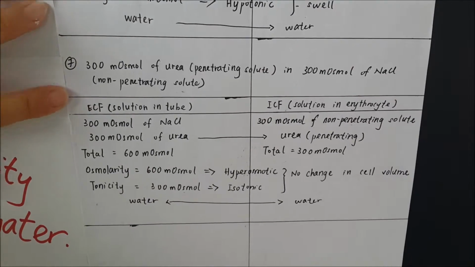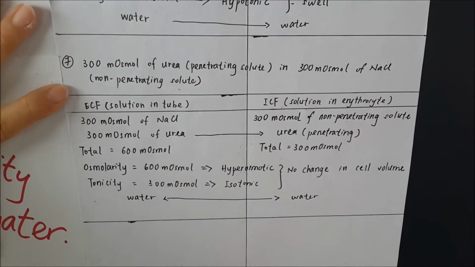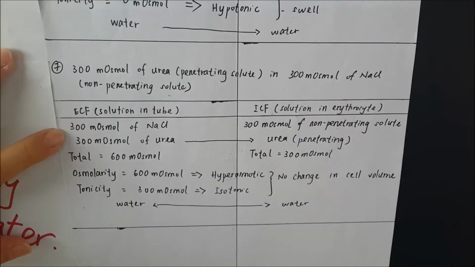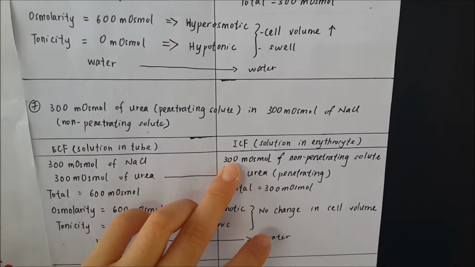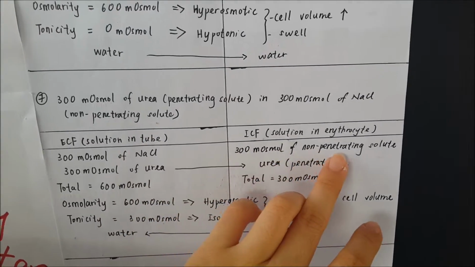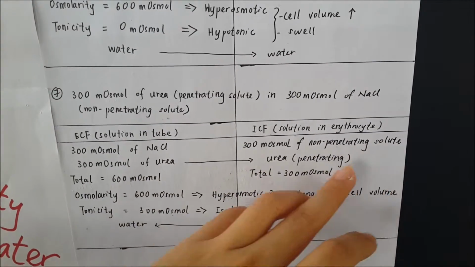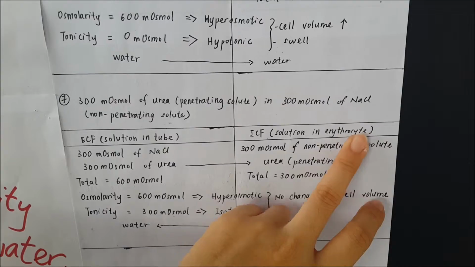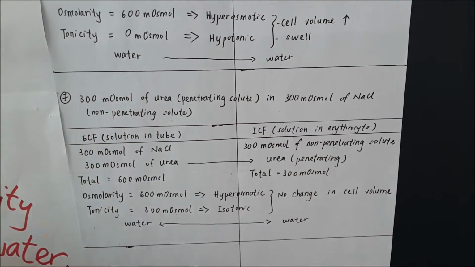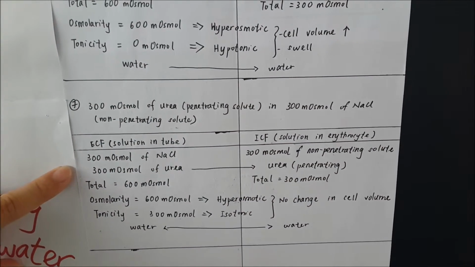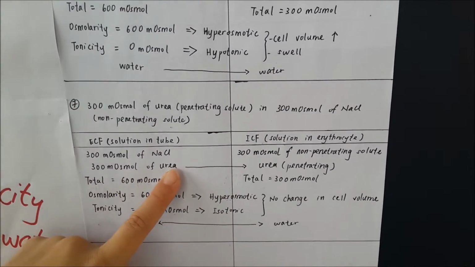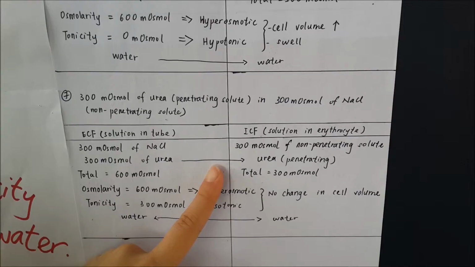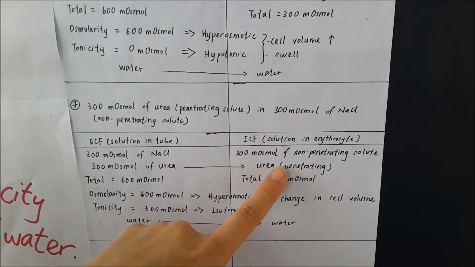In the ECF, which is the solution in the tube, the 300 milliosmol of sodium chloride is the same as the 300 milliosmol of non-penetrating solute in the solution of the erythrocyte, which is the ICF. The 300 milliosmol of urea will penetrate across the plasma membrane and into the cell.